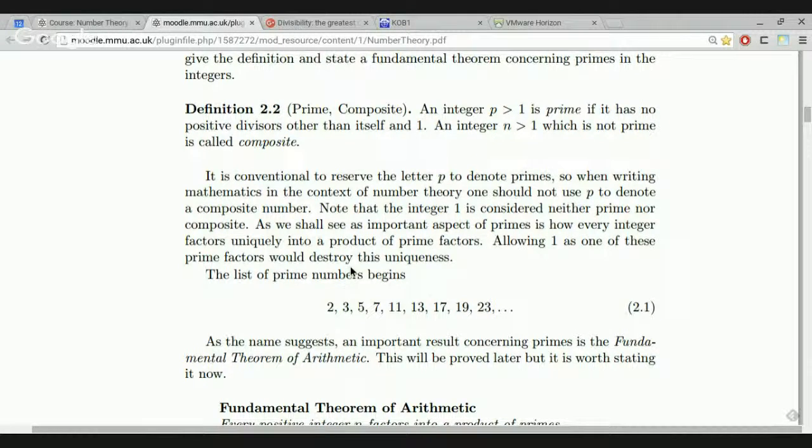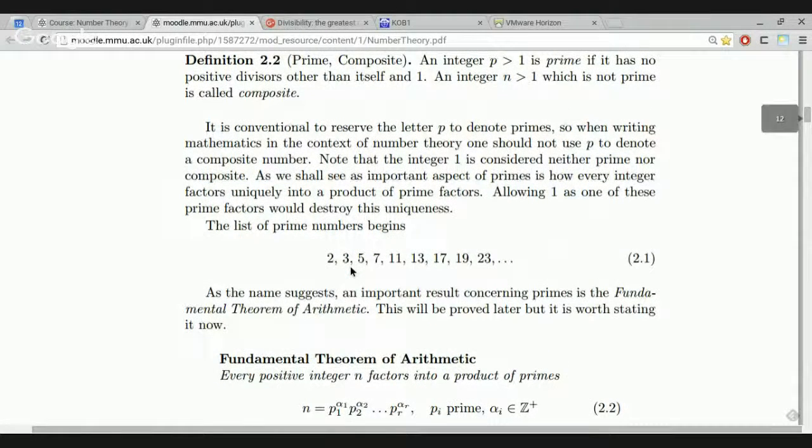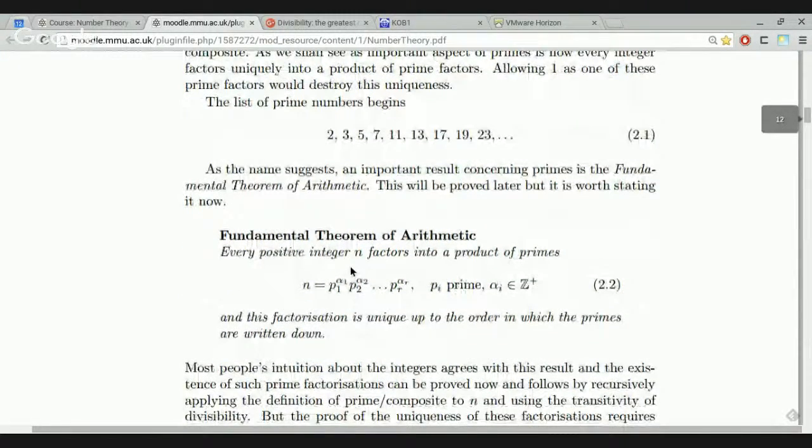Now chapter 3 is entitled primes and is all about the prime numbers and various properties of them. But just looking ahead a little bit at what we're building up towards is this theorem, and it's got this grand name, the fundamental theorem of arithmetic. The fundamental theorem of arithmetic says, and this is why primes are so important, that every positive integer factorizes as a product of prime numbers, but crucially does so in an essentially unique way.